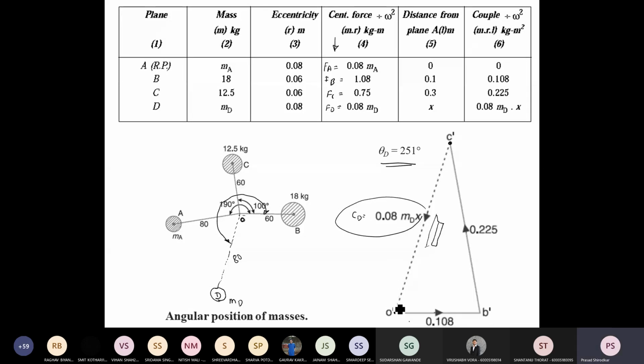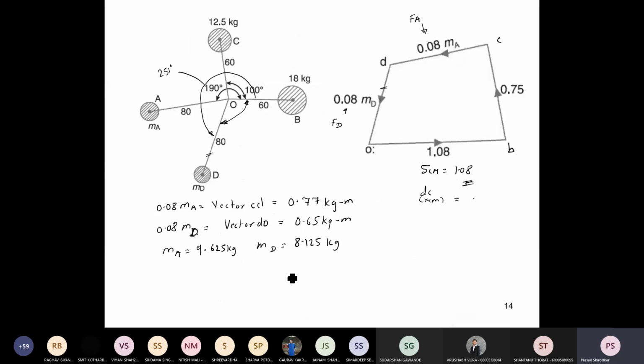Alright. So, from couple polygon, 0.08 mdx, I get it as, after converting it back in kg meter square, 0.235 kg meter square.